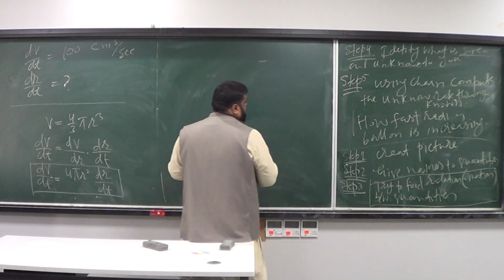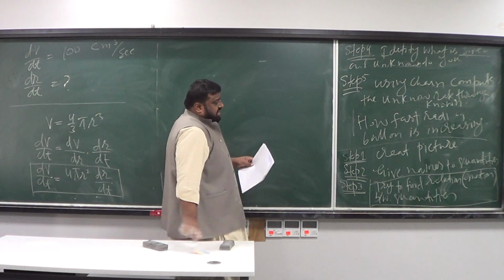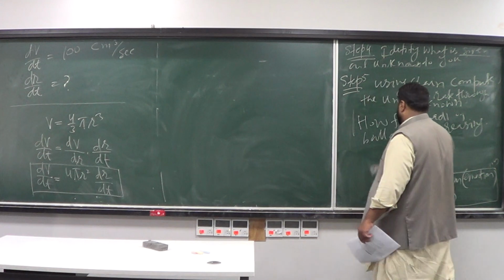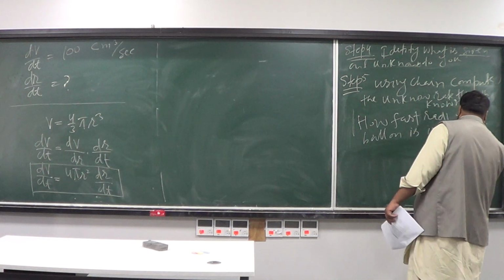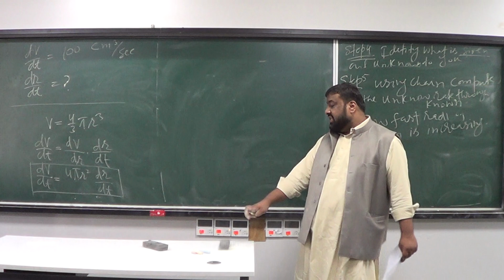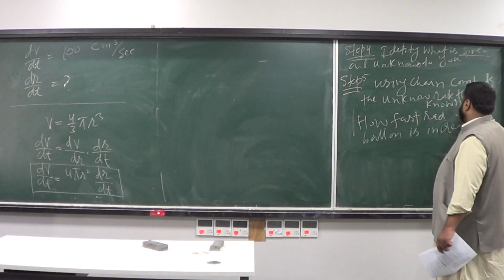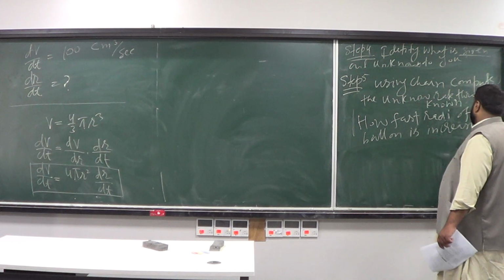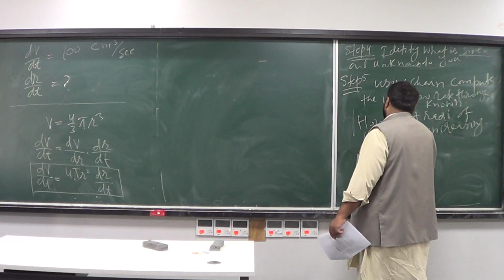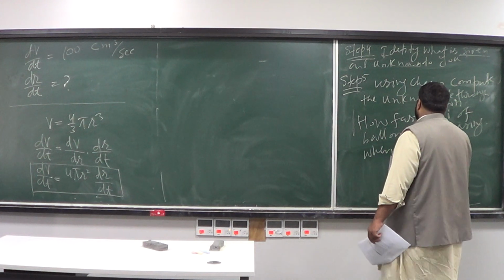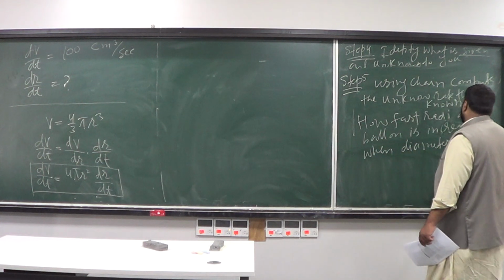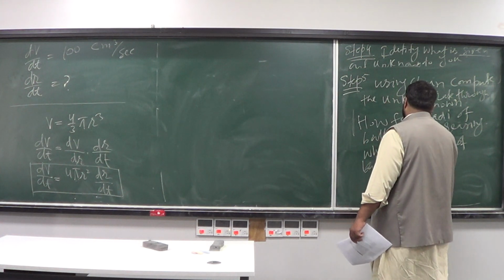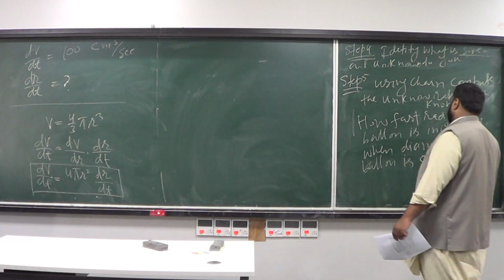So, another piece of information that is given to me that I ignored previously is how fast the radius of the balloon is increasing when the diameter of the balloon is 50 centimeters.